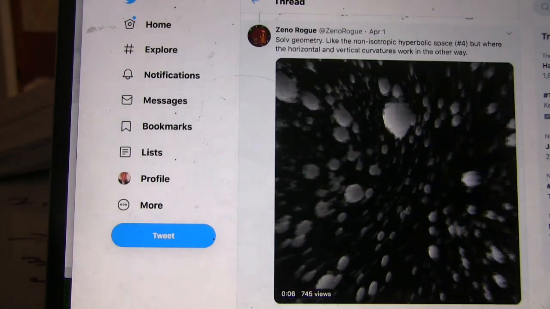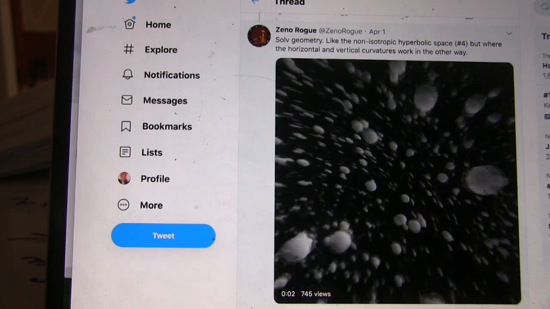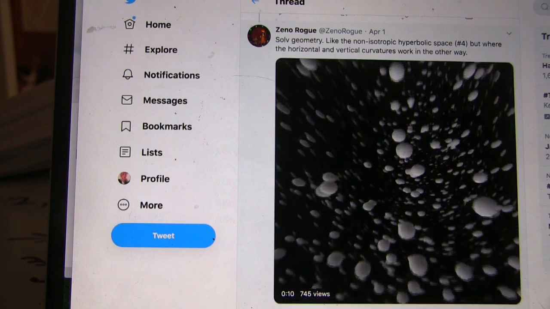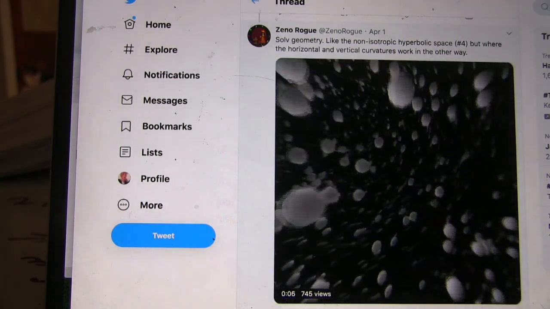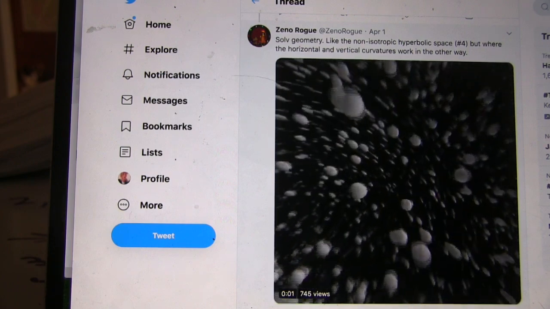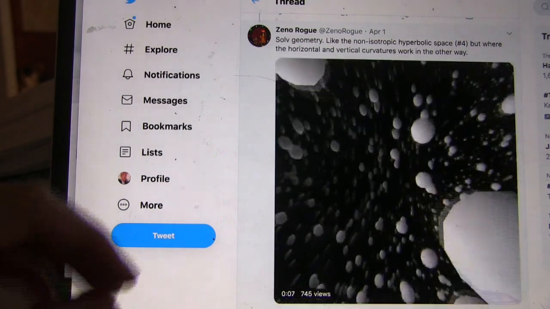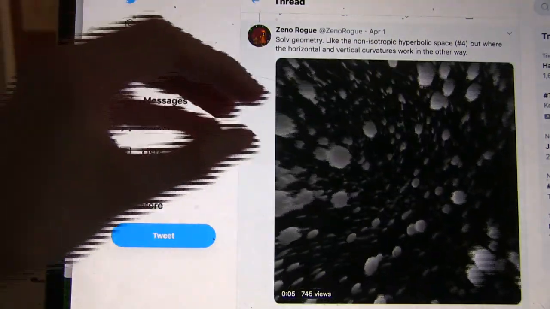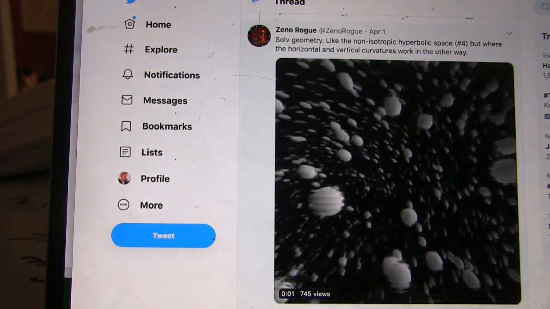Solve geometry. Like non-isotropic hyperbolic space number 4, but where the horizontal and vertical curvatures work the other way. Well, it seems like it almost sort of fluctuates in either direction. They sort of condense over here, and then they condense in different places at different times.